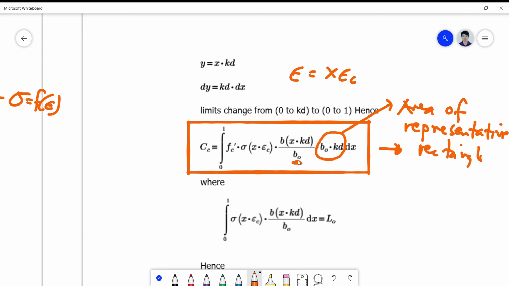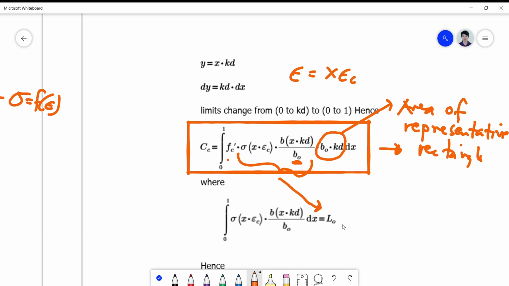Bo is simply the width of your representative rectangular section. So if I multiply it by bo, I have to divide it by bo there. So I simplified the formula, and take note that this part here, without the f'c, is now Lo.